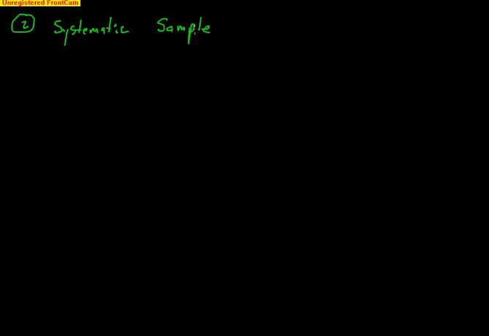What you're going to do is systematically choose your sample by selecting every nth person. So let's say that I want to get a sample of students at Twinsburg High School. I'm going to stand at the door and select every third person that walks in. Or I'm going to select every 10th person that walks in.